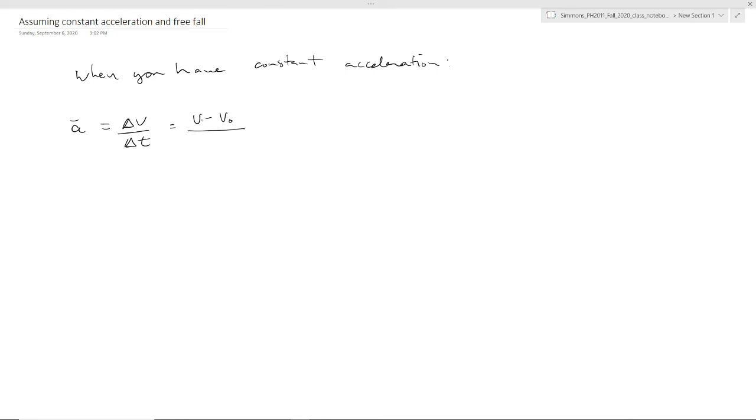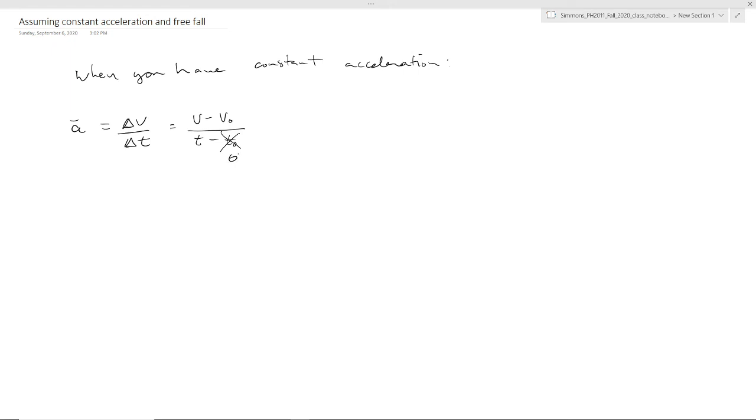So this would be the velocity minus the initial velocity over the time minus the initial time. A lot of times we don't really have an initial time because we can imagine just starting our stopwatch when we are observing the motion. So there's not a t naught per se, it's 0.